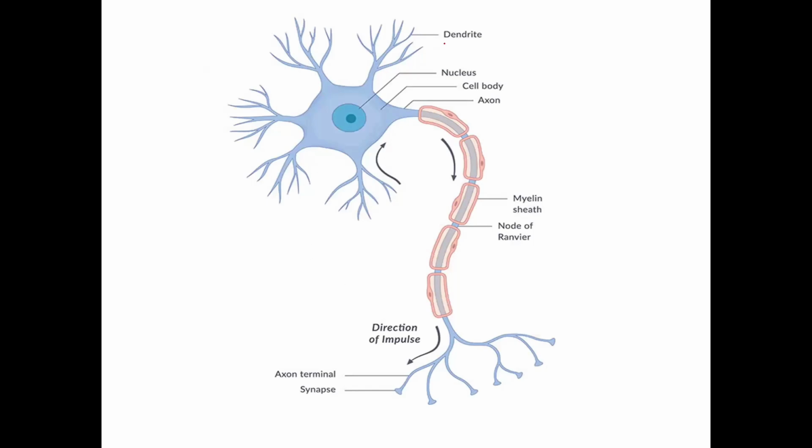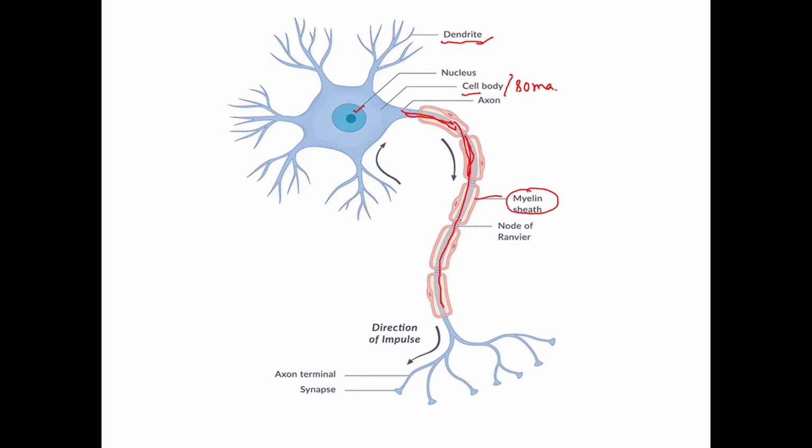It consists of the dendrites, the branchy part of the neuron, and the nucleus in the cell body, also called soma. The axon is the thread-like structure arising from the cell body, and the covering around it is the myelin sheath.